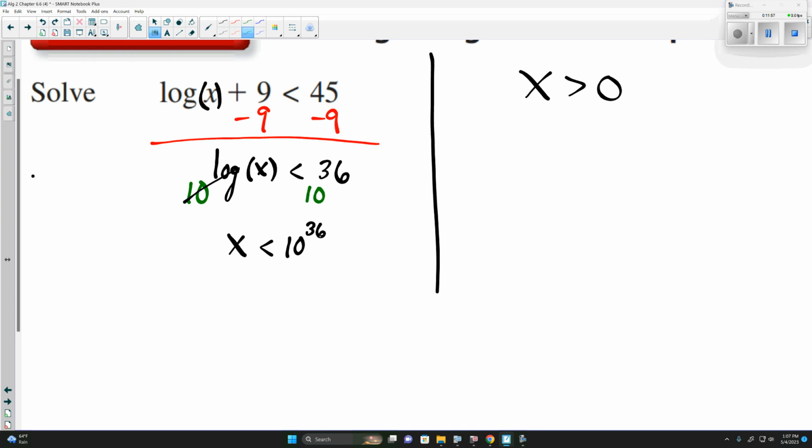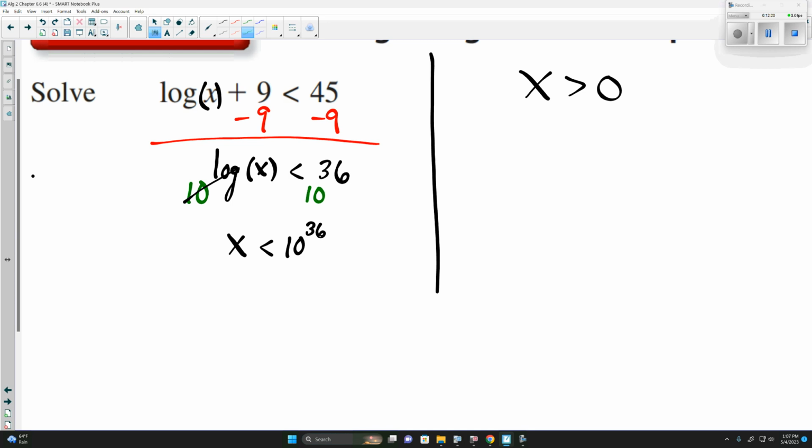How many zeros does 10 to the 36 have? Almost. 36, yeah. Because 10 squared has 2 zeros, it's the exact same as the exponent. 10 with 36 zeros.